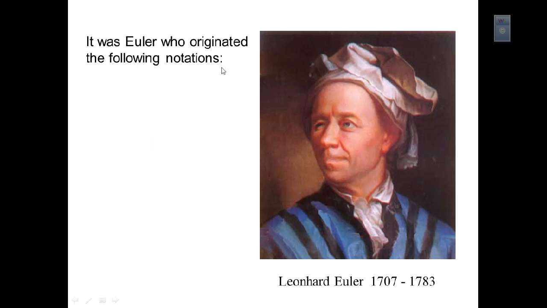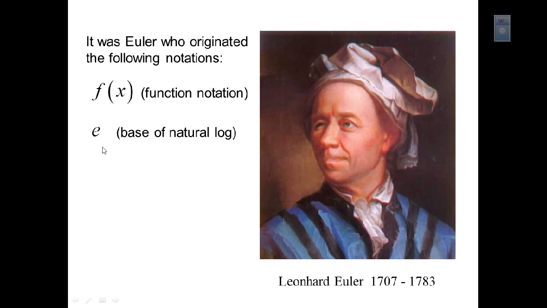It was actually Euler who originated the following notations. f of x, our function notation, the base of the natural log, or the natural number, e, for 2.71828, pi, for the ratio of circumference to diameter of a circle.